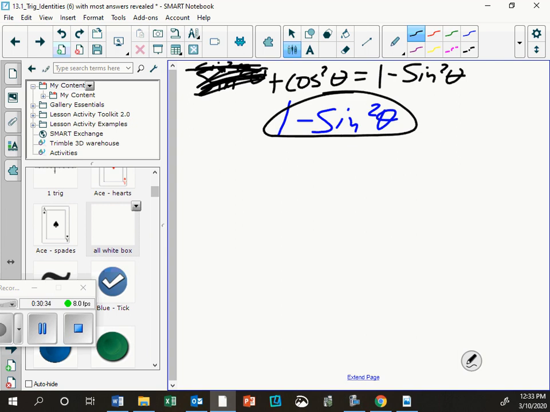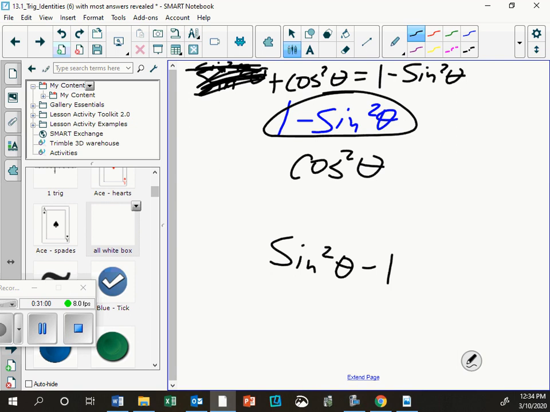Okay, so I get this question all the time. What if it's backwards from what you wanted? Like, if it says 1 minus sine squared, you can put cosine squared. But what if it said sine squared minus 1? That's backwards from what you wanted. You can put in the opposite of cosine squared.